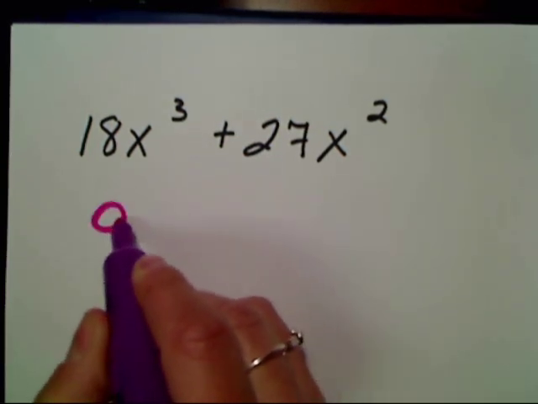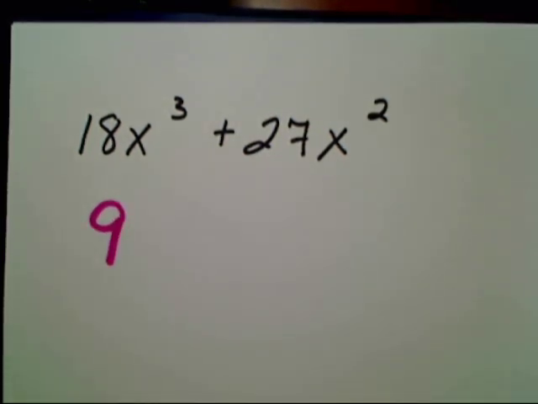So I'm going to be pulling out a 9. Now when we take out the greatest common factor, this is using our distributive property backwards. Instead of multiplying something in, we're pulling something to the front and writing the problem as factors, or things that are being multiplied.